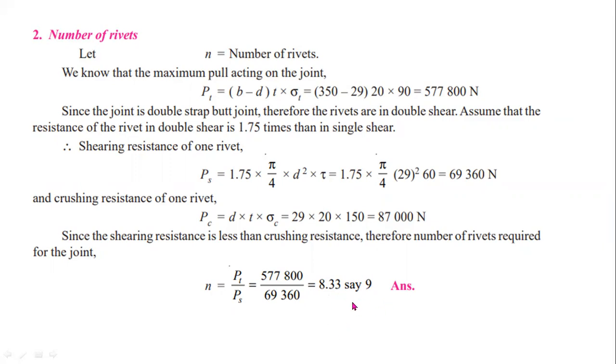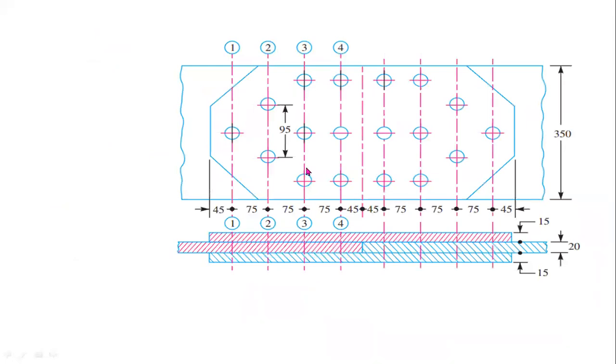After getting the number of rivets, you have to arrange them. In the third step, you have to arrange the number of rivets in diamond shape. Here you can observe this is the first row, this is the second row, this is the third row, this is the fourth row.